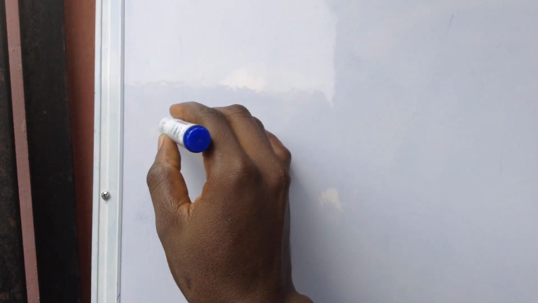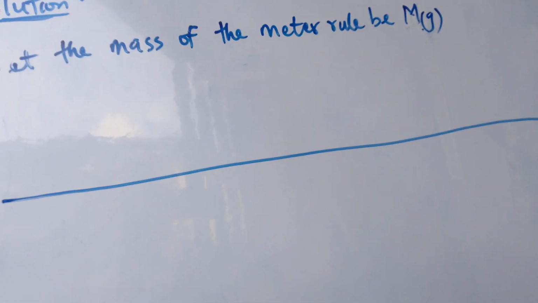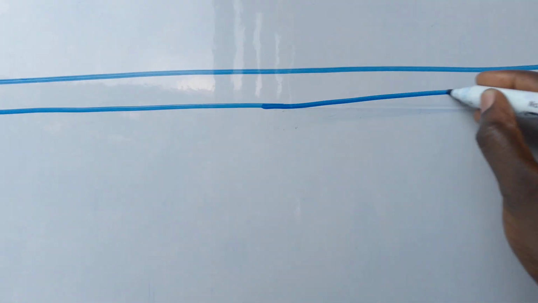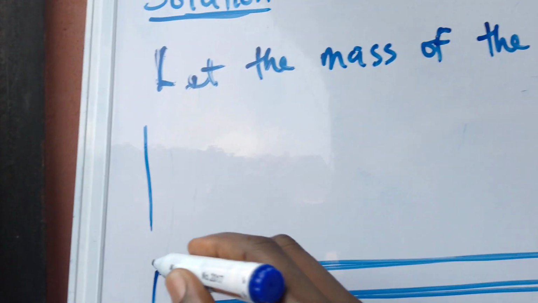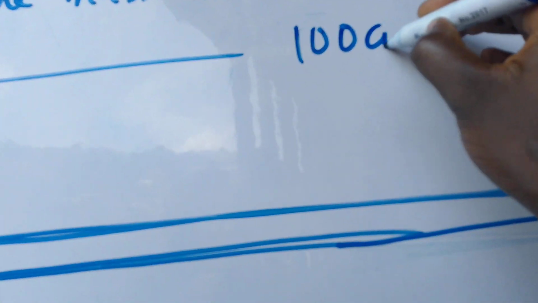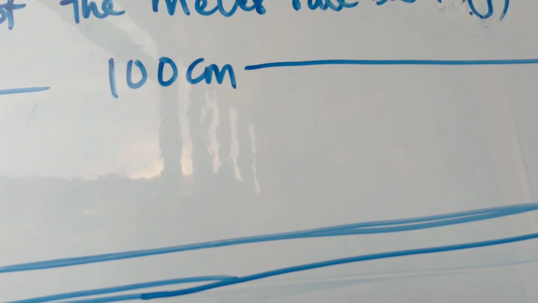Okay, so we'll draw the meter rule and we assume that is our meter rule. The total length of this meter rule is 100 centimeter.